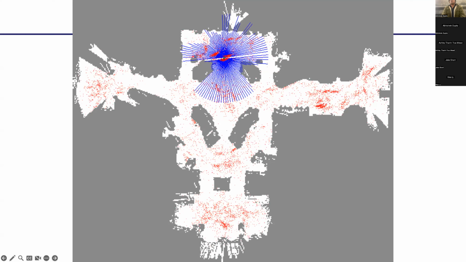Right, no, it's not about that. It's not about near the laser. The position of the laser is not the problem. The question is how likely is a particular position to generate the particular pattern of laser scans that you get? So imagine that your robot was here. You got some pattern of laser scans from your current measurement.